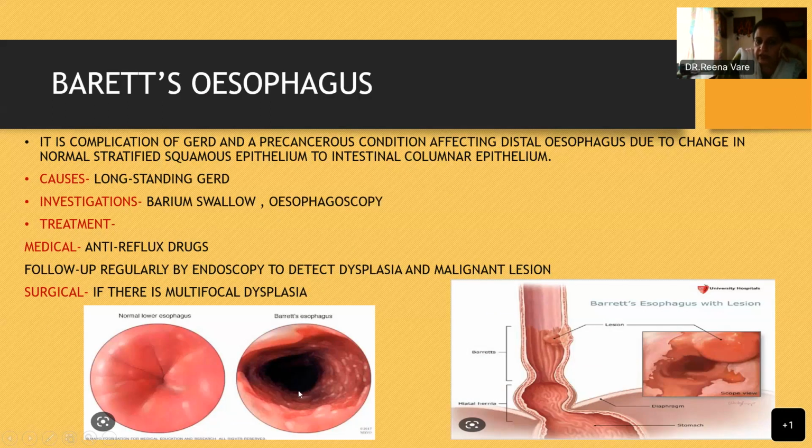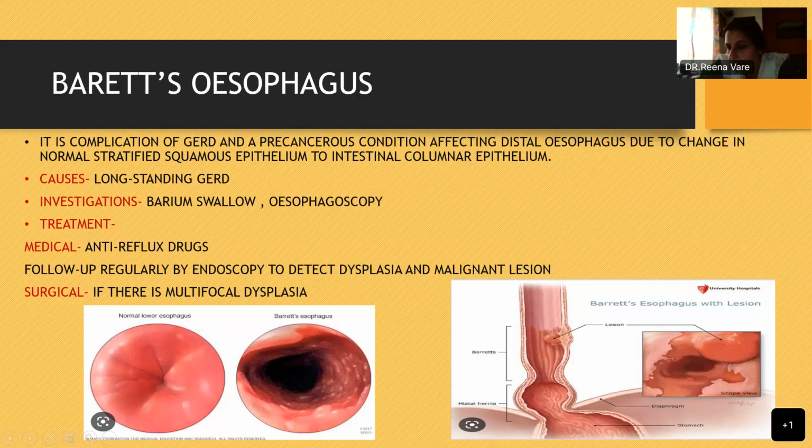Again, this is due to long-standing reflux. You have to do an investigation in the form of barium swallow or endoscopy, that is esophagoscopy. See, now this is Barrett's esophagus, where this entire mucosa is converted into intestinal mucosa. Treatment is anti-reflux therapy.